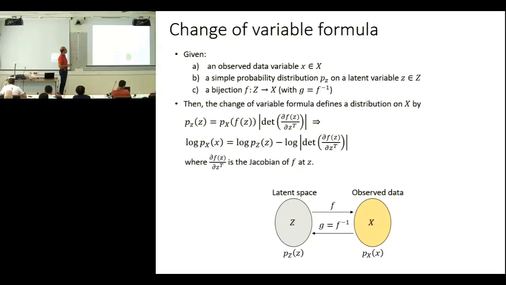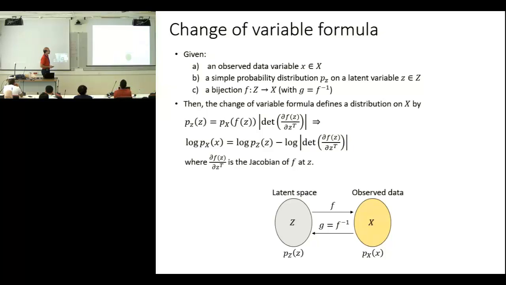And we have a simple probability distribution on a latent variable. This can be, for example, a variable with a normal distribution or another distribution. And we have a function which maps from the latent variable to X.